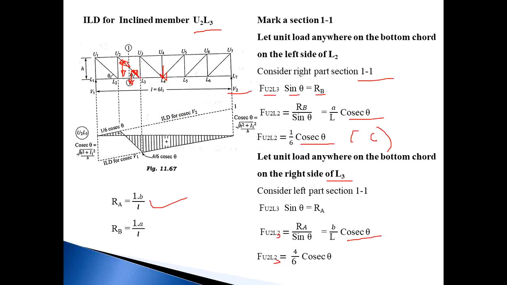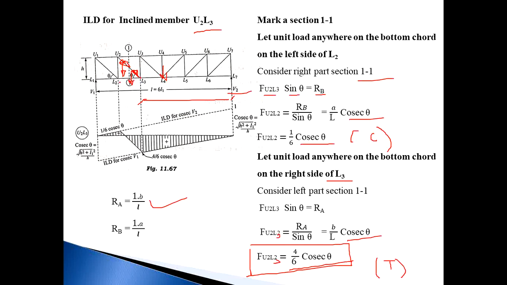So your RA becomes B by L. Now the B value is 1, 2, 3, 4, that is 4L1, and L is equal to 6L1. So 4L1 upon 6L1, L1 gets cancelled, and your answer becomes 4 by 6 cosec theta. Now this is away from the origin. Away from the origin means it will be tension in nature.